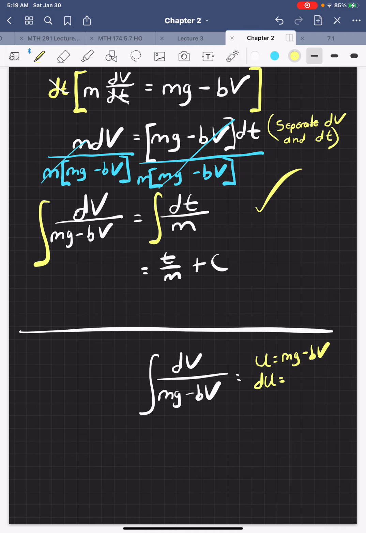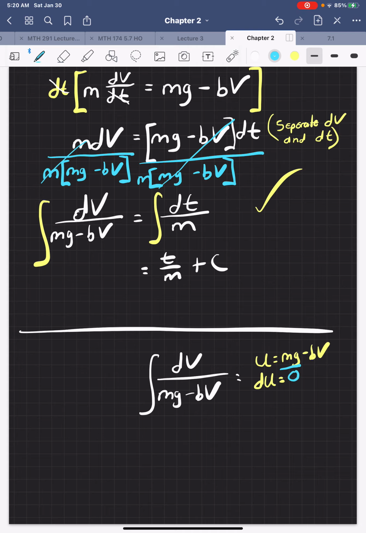Now, just as I stated in the beginning, m is a constant, as well as g, as well as b. So this is with respect to v, right? So if I take the derivative of m times g, well, they're both constant, so that's just 0.